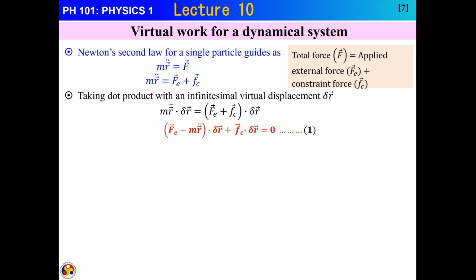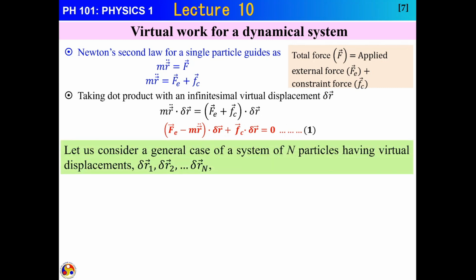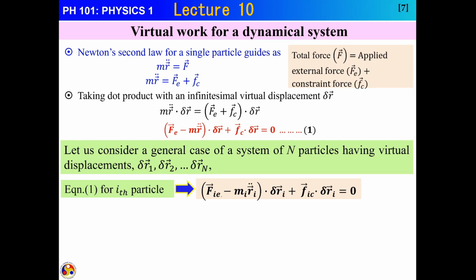Now, if we consider as a general case a system of n particles having virtual displacements for each particle as delta r1, delta r2 and so on up to delta rn, then this equation can be generalized for any ith particle as Fie minus mi ri double dot, dot delta ri, plus Fic dot delta ri is 0.